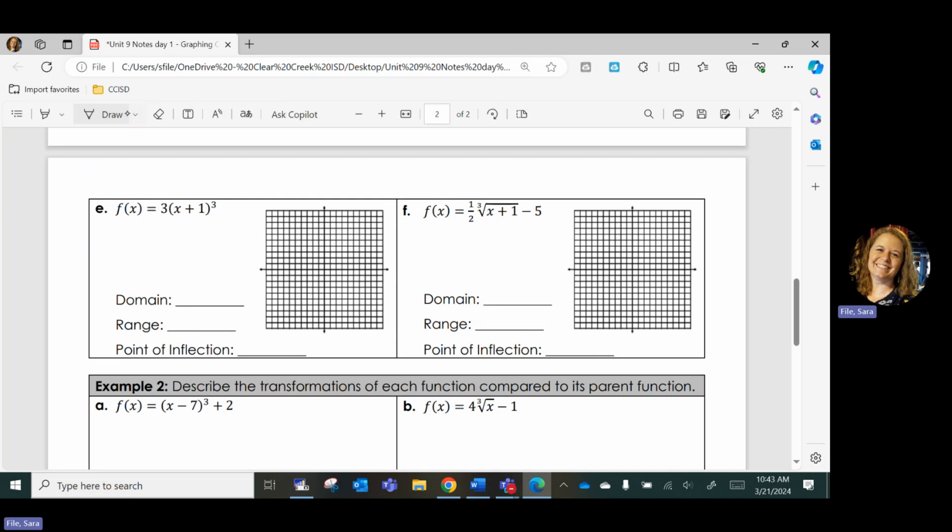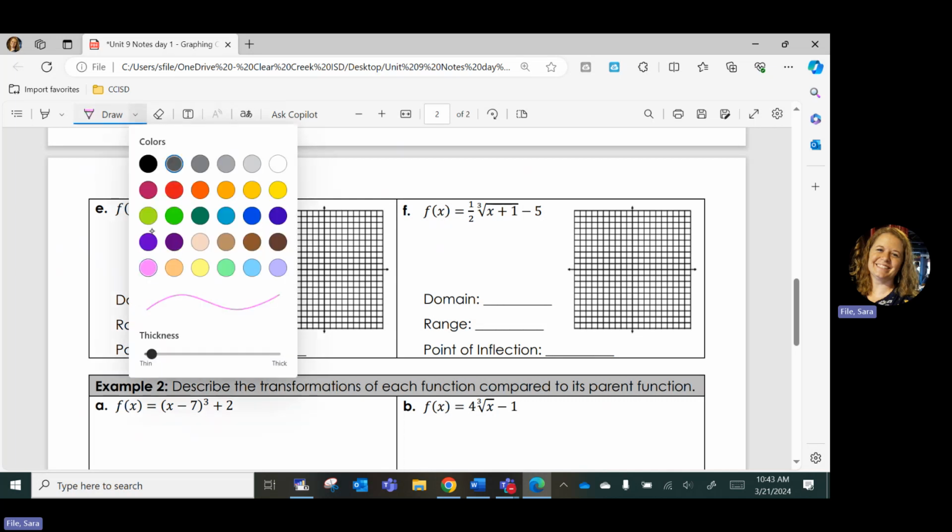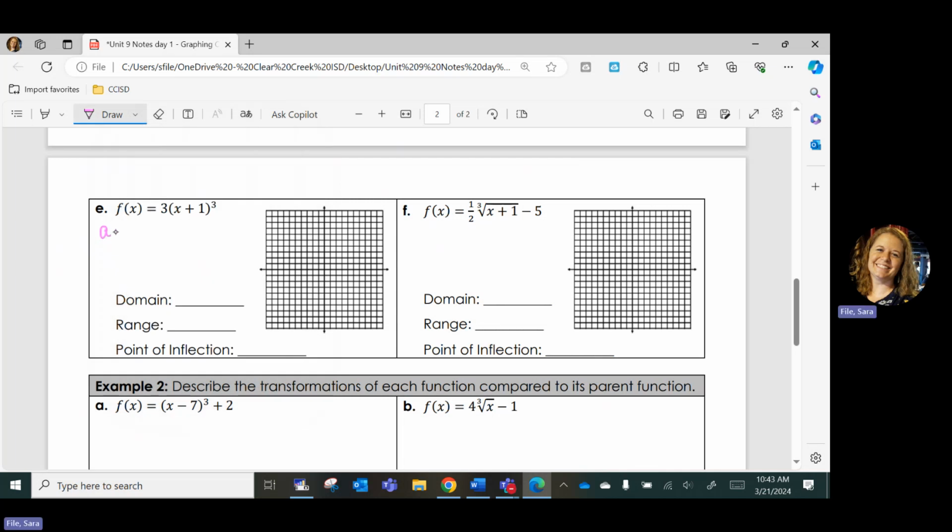Let's identify our A. What is A here? 3. And so what is that going to do to my graph? What type of transformation is A? That's a vertical stretch because 3 is greater than 1. Okay, so a vertical stretch.